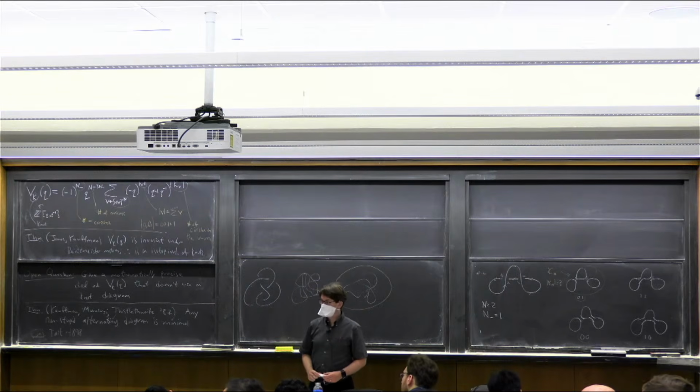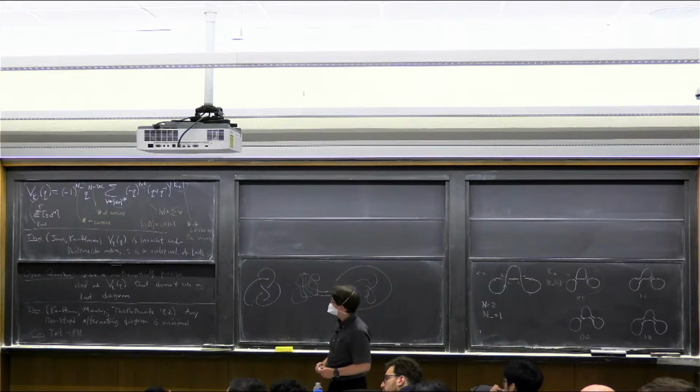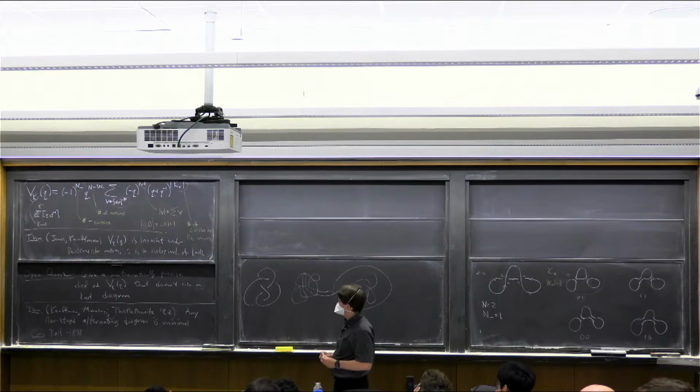More questions? This theorem is about the diagram at the end of the day. It is. Can you give some intuition about how much intrinsic information is contained in the Jones polynomial? I don't know if there's a good answer to this question. The answer is it's not well understood.